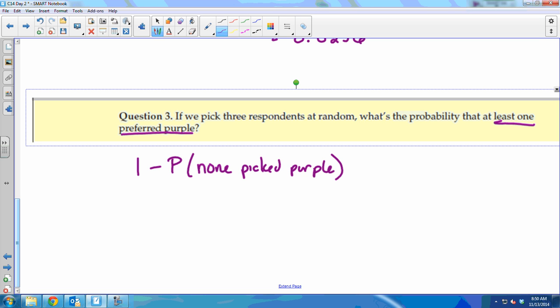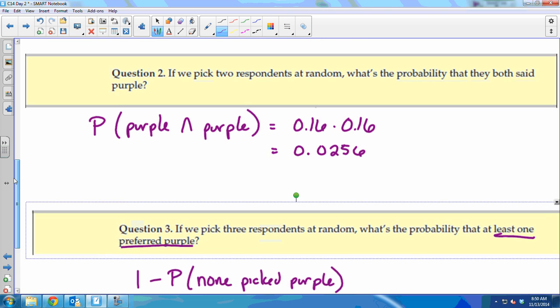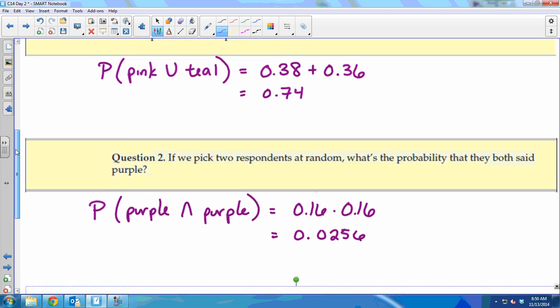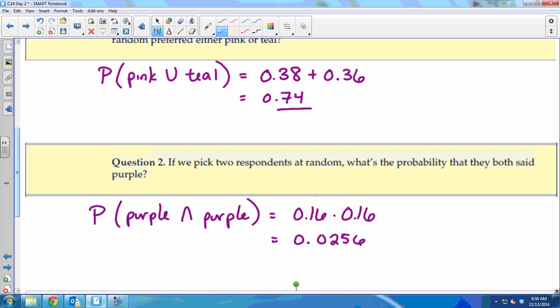Just less to do, in my opinion. All right, so what's the probability of not purple? Well, pink and teal was 74, and then going back to what Brandon said about how it doesn't add up to 100, right? It'd be 90, so it adds in that 10% of no preference people. So 84% would have not picked purple.